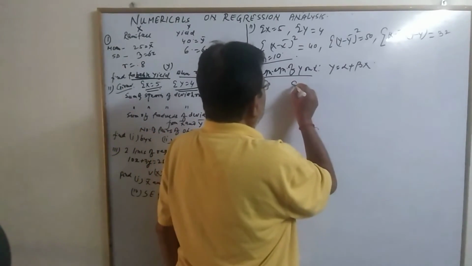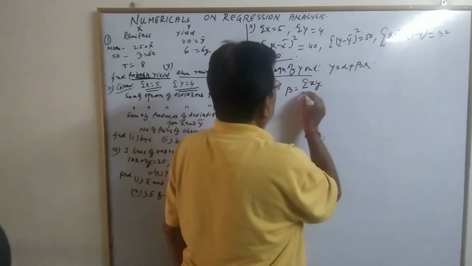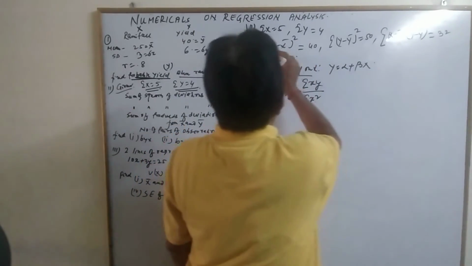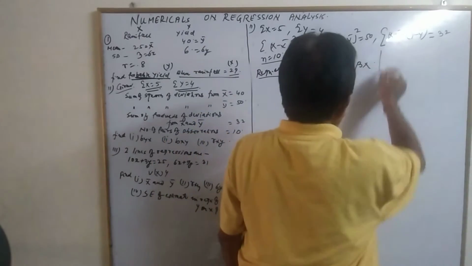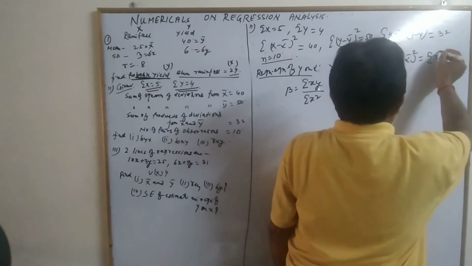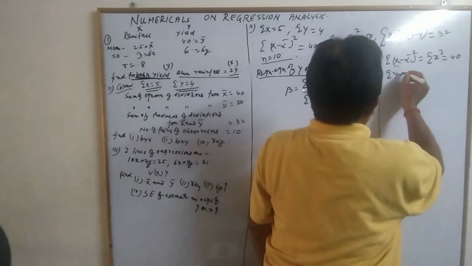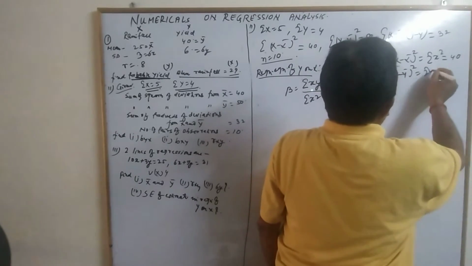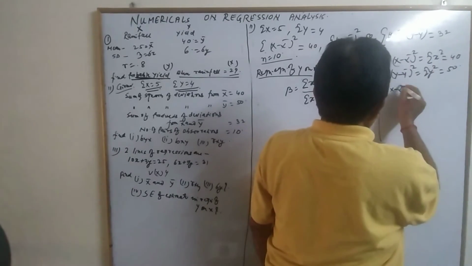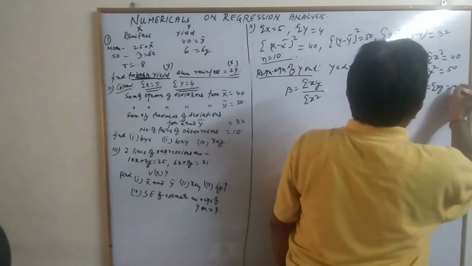It has to be remembered that beta was summation xy divided by summation x square, all in smaller letters. Now summation x minus x bar square would be written as summation small x square, that is 40. Summation y minus y bar square is summation small y square, 50, and summation x minus x bar into y minus y bar is summation xy, and it is 32.